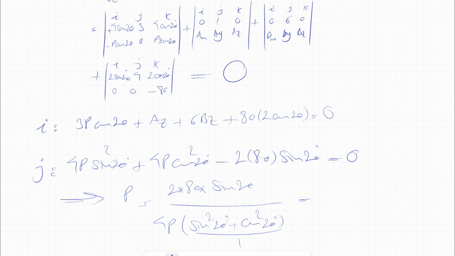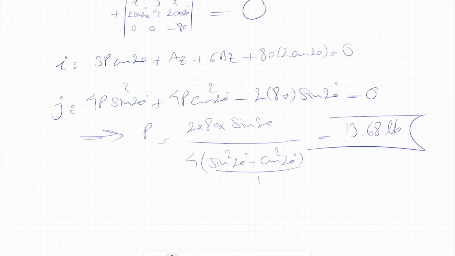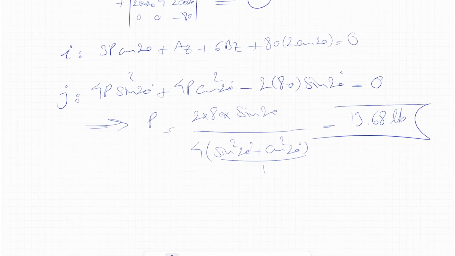And we know that this will be 1, and we can find P from here. So if you calculate this, we'll get P equals 13.68 pound. And that would be our first unknown that the question is asking.